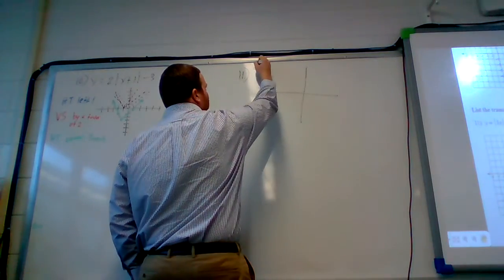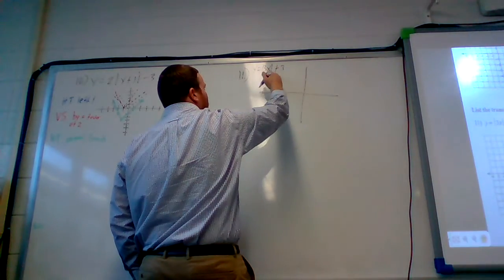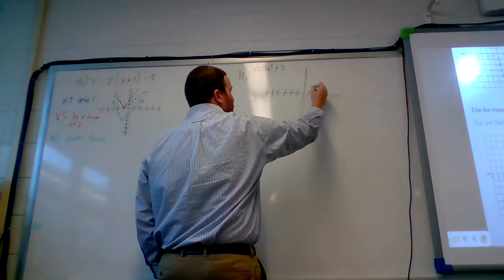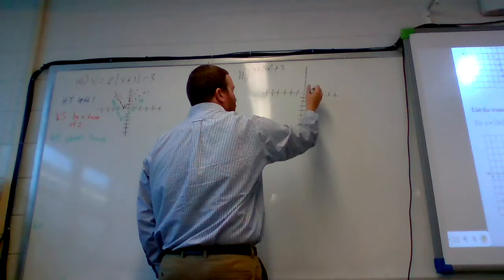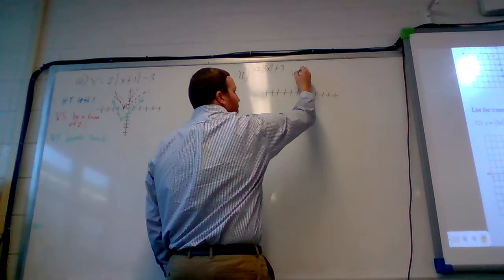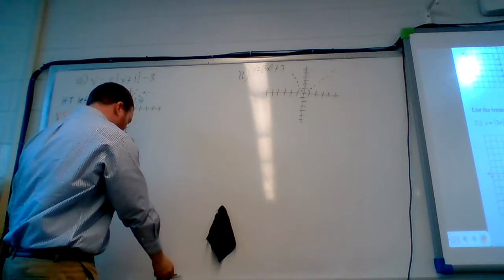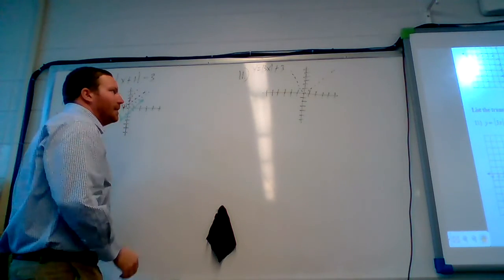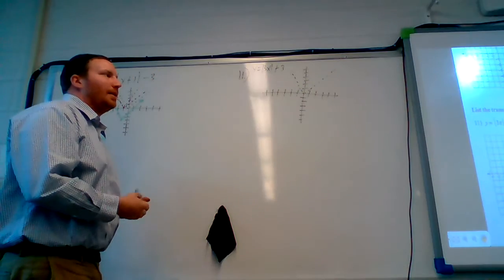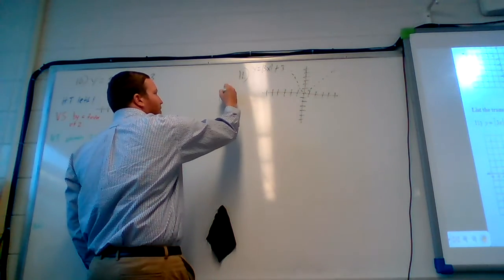We've got y equals the absolute value of 3x, plus 3. So again, our original function is there. So our first thing that happens, we are multiplying on the inside of our absolute value. So in this case, we actually have a horizontal compression.